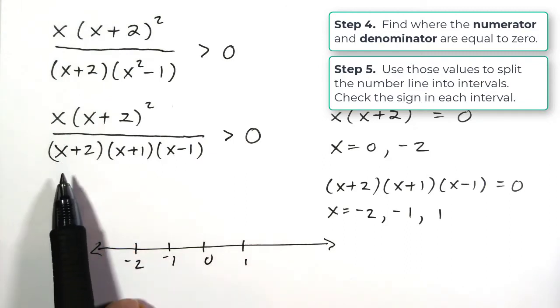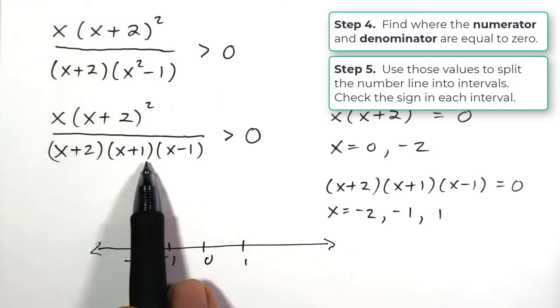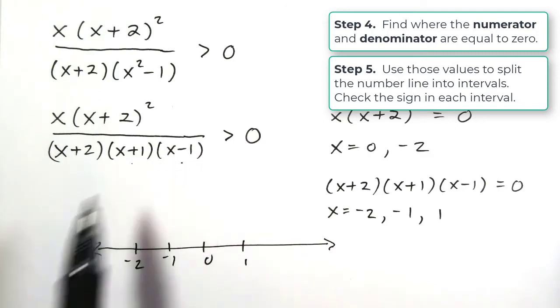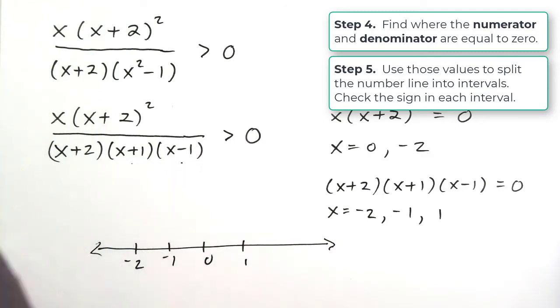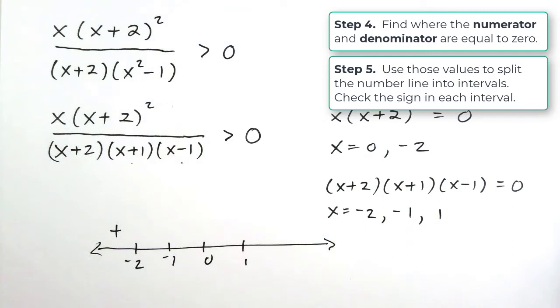The denominator, let's see what happens there. If I take -3 in here, this will be negative, this will be negative, and this will be negative. Negative times negative times negative is negative. So in total, I have a negative number divided by a negative number, so the result will be positive. I don't need to compute exactly what the answer is to know that it's positive, although you could do it that way if you wanted. Now, what about in this interval between -2 and -1?